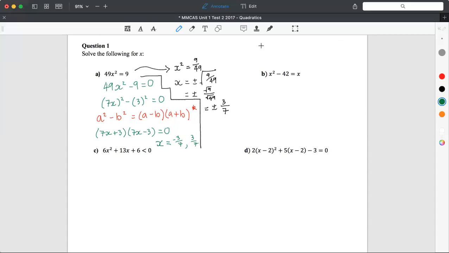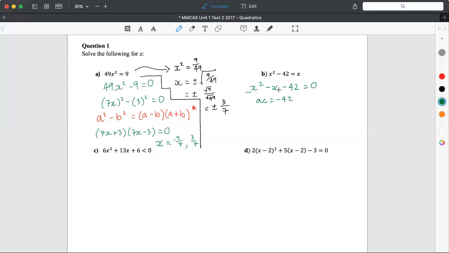The next one says we've got x squared minus 42 equals x. Most people were pretty good at this one, so good job. What we can say is, if we rearrange it, we take x from both sides, and we're going to get x squared minus x minus 42 equals 0. Then you ask yourself what multiplies to give negative 42.